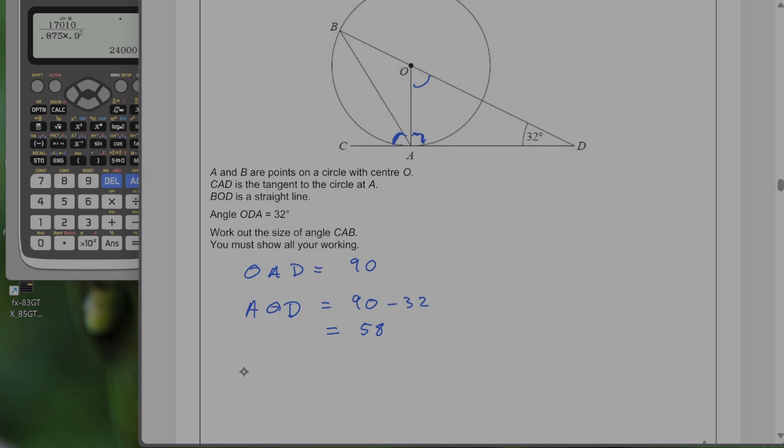So that means then that angle BOA is going to be equal to, and I could have just added those two together, we'll do it this way though, 180 minus 58, which is equal to 122.